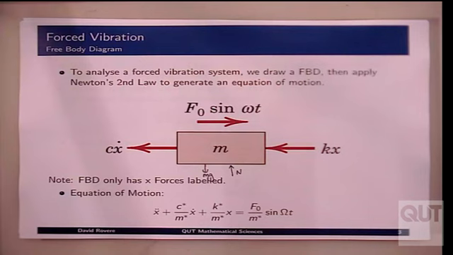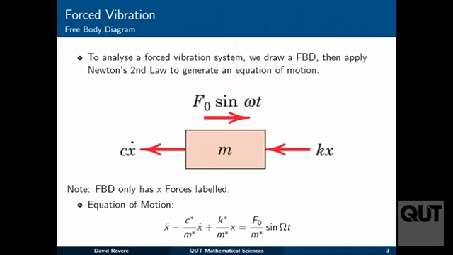So we've drawn our free body diagram, and then we apply Newton's second law in the x direction. And then from that, we get our equation of motion. We stepped this process out a little bit more last week. This week, you'll see we get the exact same left-hand side. We get a second order ODE, x double dot plus c on m x dot plus k on m x.